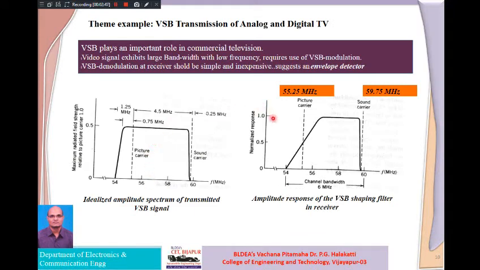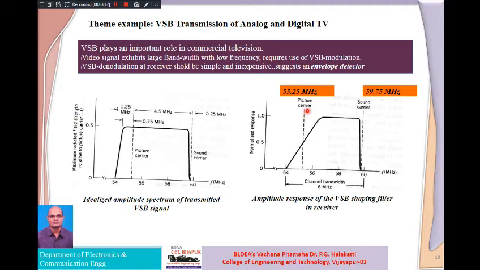Okay, so if you look at this one, the two typical graphs we have taken here for explanation: one is the amplitude graph, another one is its normalized graph. This one is a simple or typical VSB signal spectrum which is to be studied here. We are not going in depth about this VSB transmission.